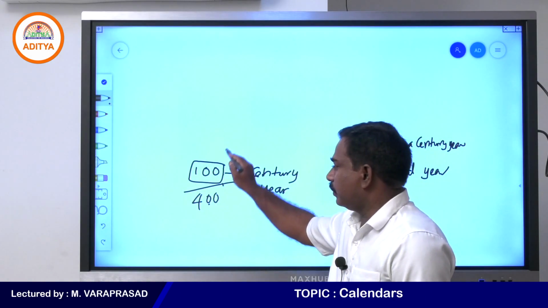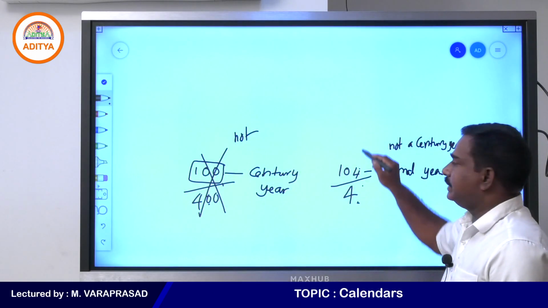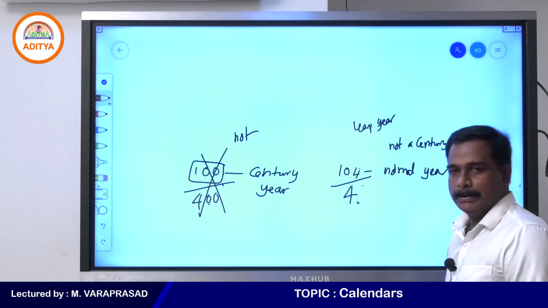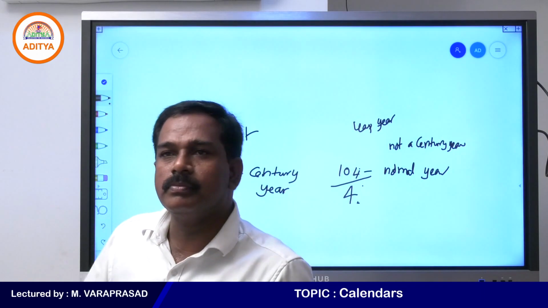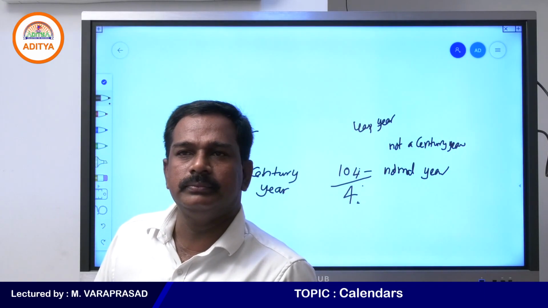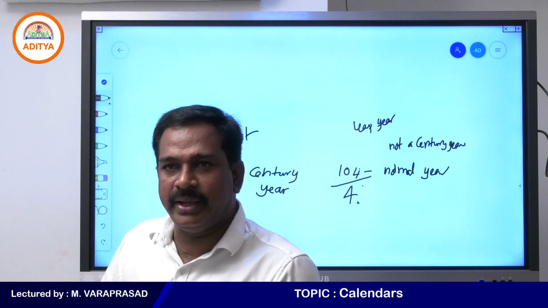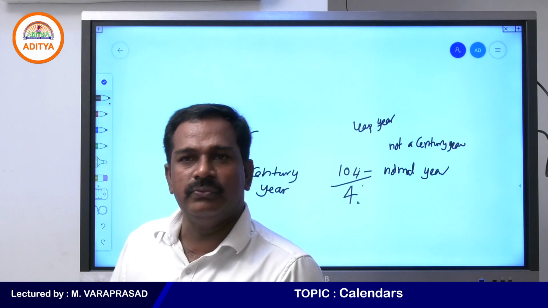It's not divisible by 400, so it's not a leap year. If it is divisible by 400, it's a leap year. When a century year is given, you need to divide by 400. When a normal year is given, you need to divide by 4.